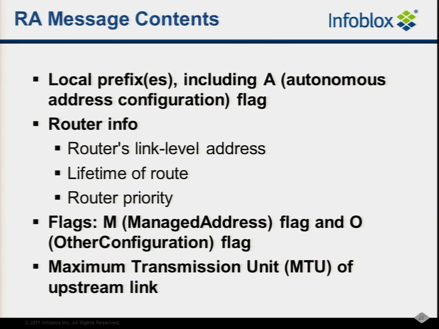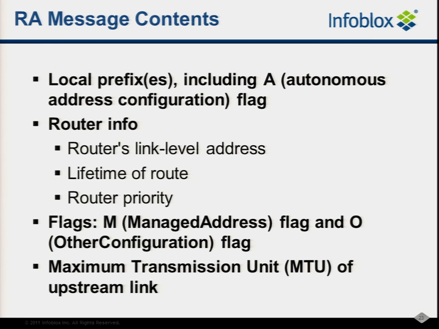And M and O will be on. Get everything you need from the DHCP server. So what will happen is I will have gotten my own link local. I will have validated that it was unique with DAD. I will then go and ask for router advertisements. I will be told, here's a prefix, but don't give yourself addresses. I will be told I need to DHCP for everything. I will do my DHCP. I will configure. And I am now up and running on the network.